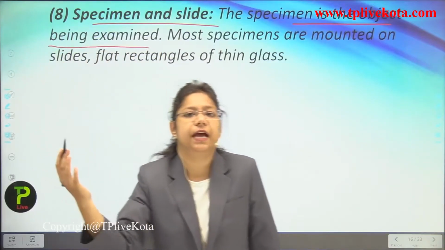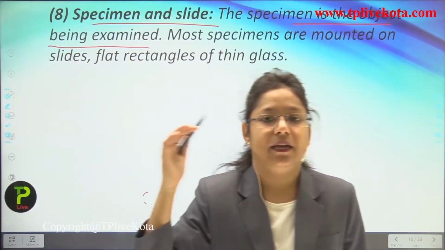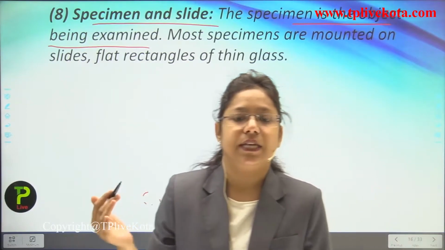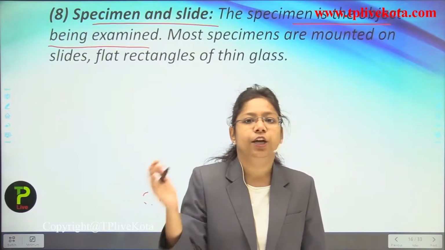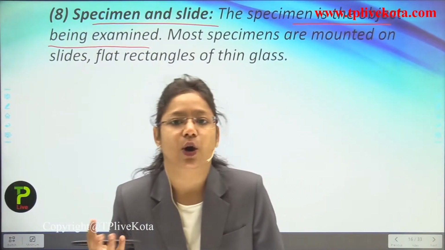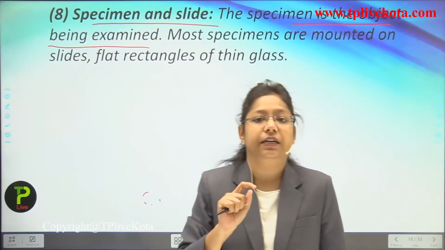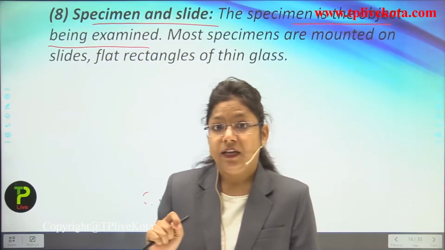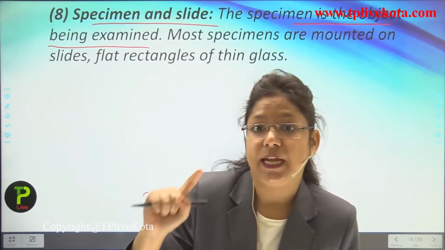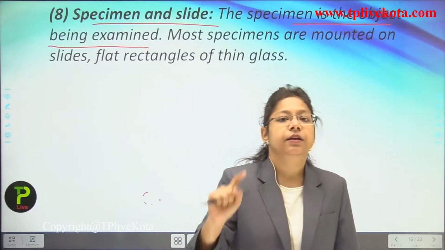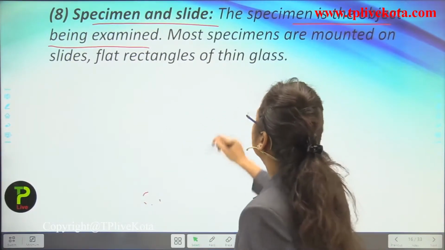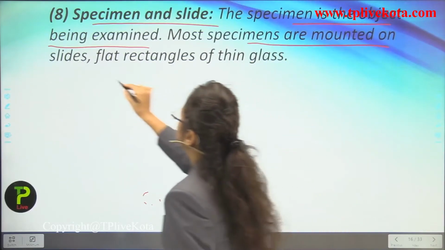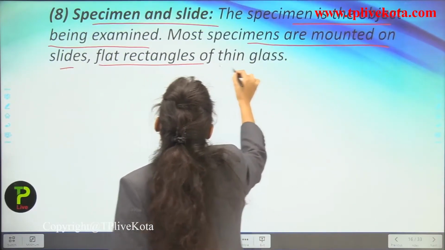Now if you are examining any kind of cell, for example cork cell or onion peel, or RBC or cheek cells, these are very commonly seen, and we can see the arrangement of the cells as well. If we want to see the shape of the cell, it is very clearly seen under the microscope. Most specimens are mounted on slides, flat rectangles of thin glass.